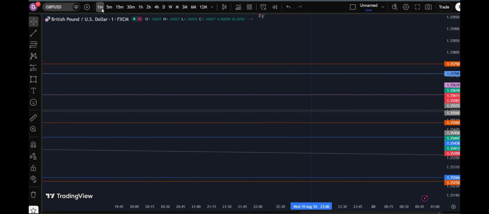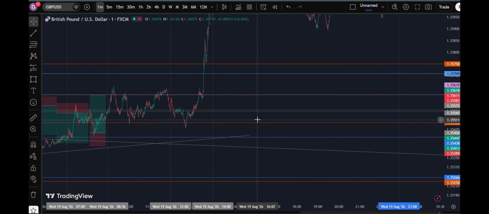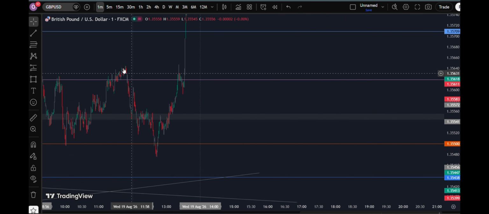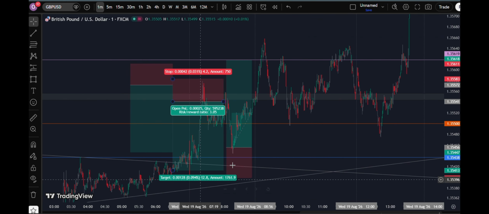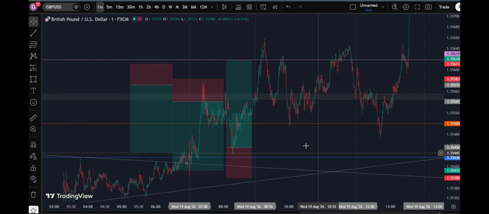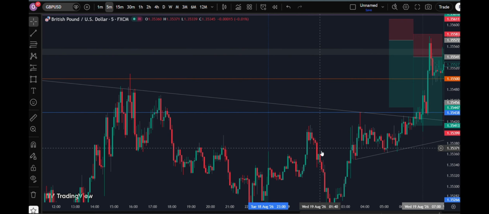Why did I take that entry? I took that entry because we were highly bullish. I was like, in case my sell entry fails, I should be able to have a buy entry over here, targeting this level. If you check here, you'll see that this is an order block that broke structure.